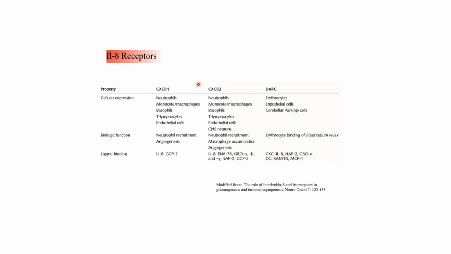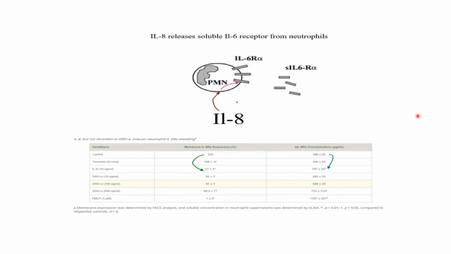There are two types of IL-8 receptors present on many cell types: neutrophils, monocytes, macrophages, endothelial cells. Here are the membrane-bound receptors on neutrophils. PMN is a neutrophil and it's got membrane-bound IL-6 receptor.